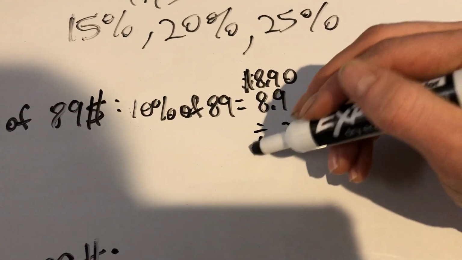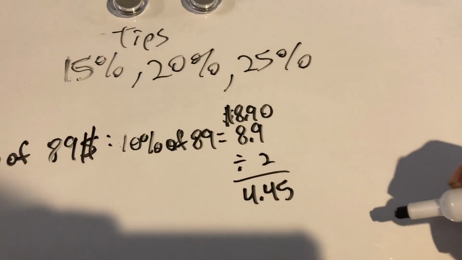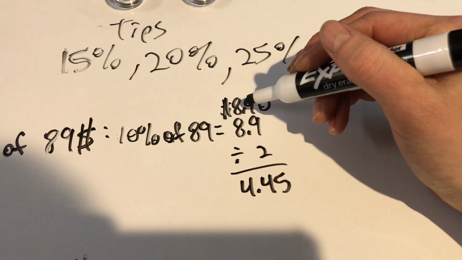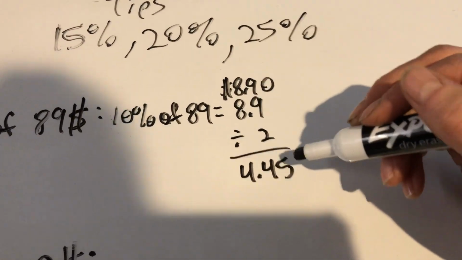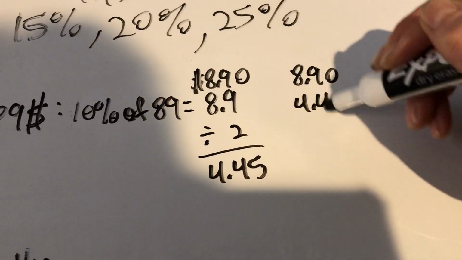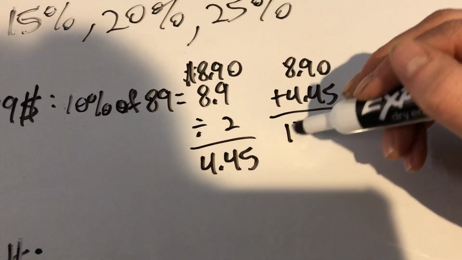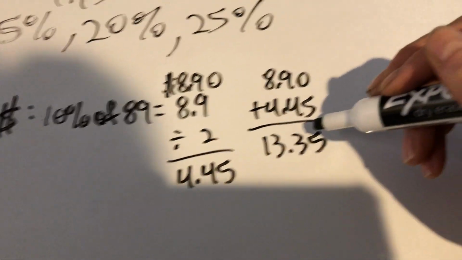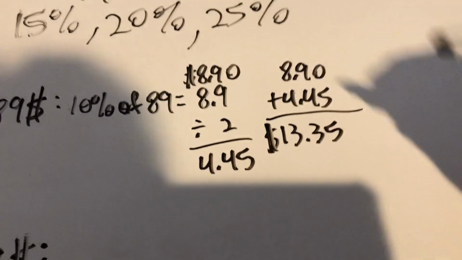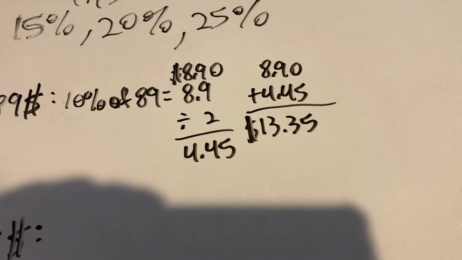So 8.9 divided by 2 equals 4.45. Next step is to add $8.90 plus $4.45, which equals $13.35 as my final answer for the tip. Pretty simple, huh?